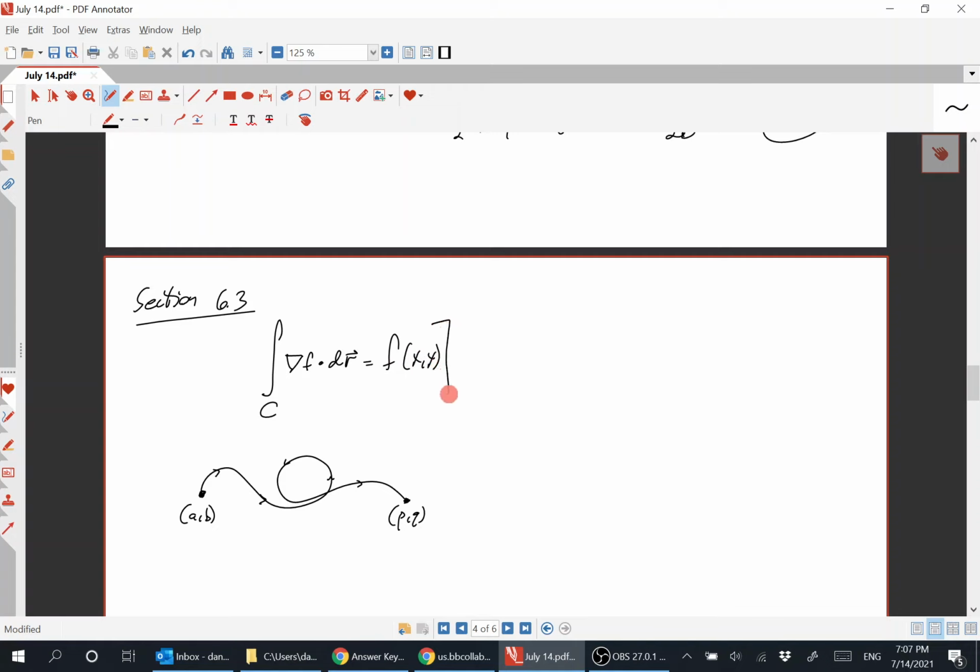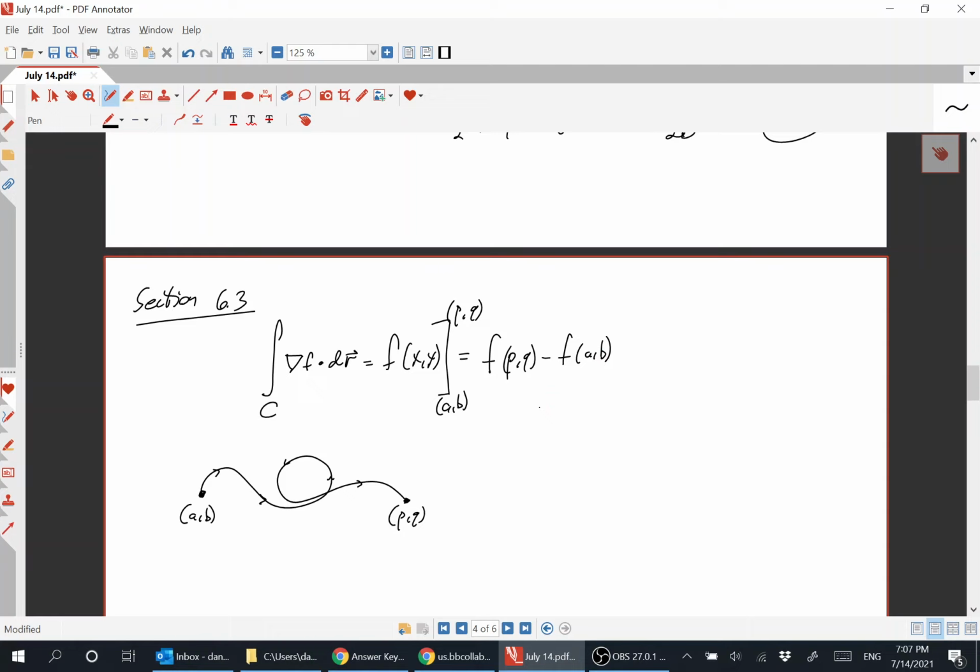I'm writing it over 2 dimensions here, a 2 variable function, but it works just as well for 3 variables because it just follows from the chain rule in the ordinary fundamental theorem of calculus.